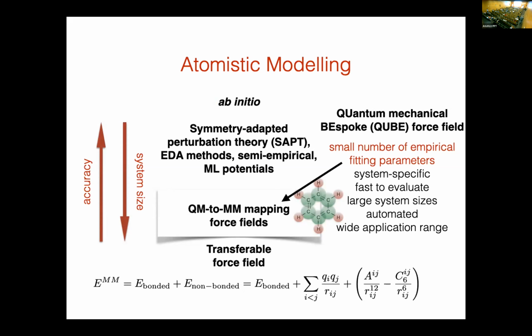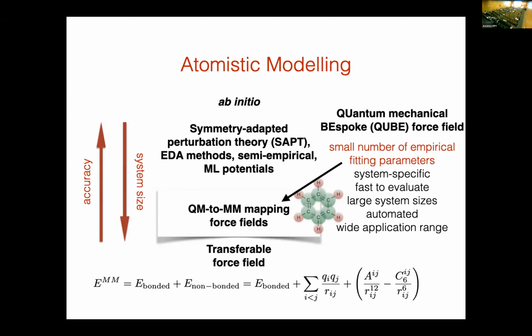In particular, we've been developing what we call a quantum mechanical bespoke or QB force field. And the idea is that we retain this very, very simple functional form of the force field so that we can very quickly compute free energy calculations, etc. But we derive as many of these parameters of the force field as possible directly from quantum mechanics.